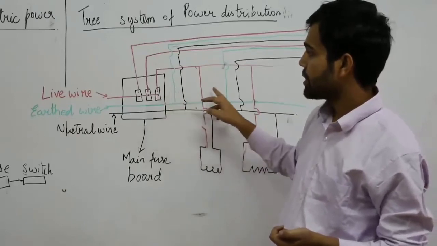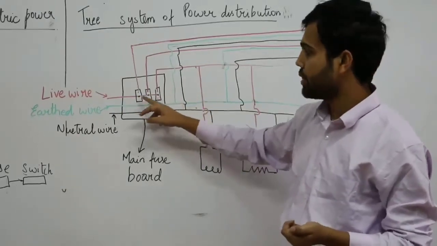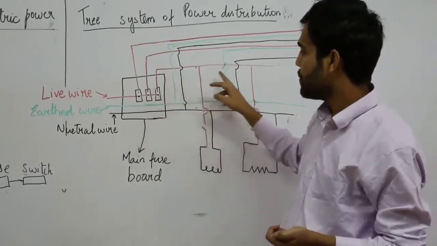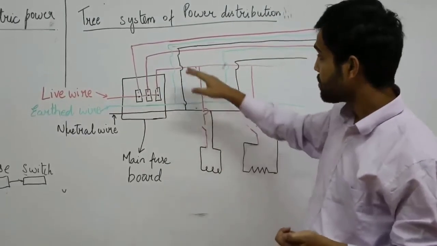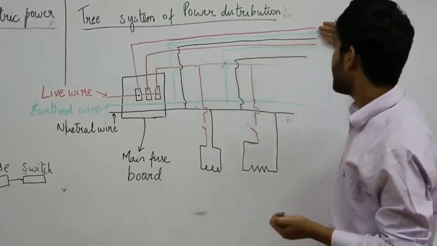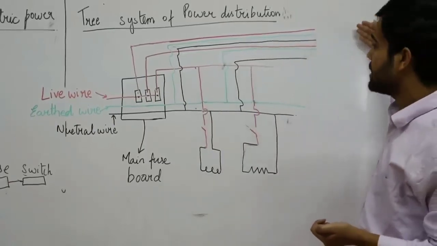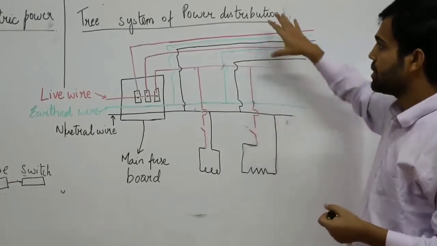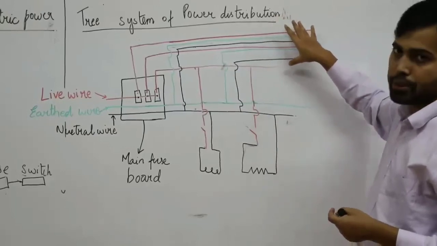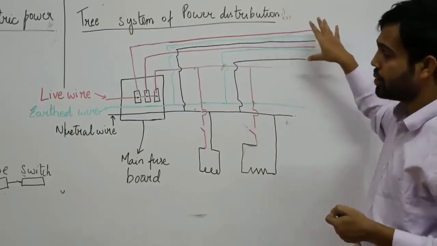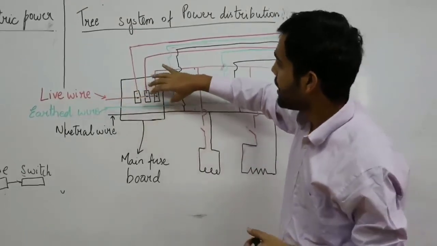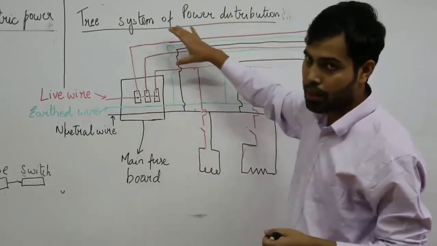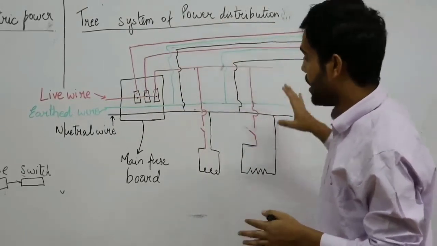Only the live wire is connected to the fuse, and from the fuse I have connections made for these 2 devices. Similarly, I can make connections for the devices which are present in the other rooms. So this is the system of power distribution: from the main source I am making branches of the power lines.